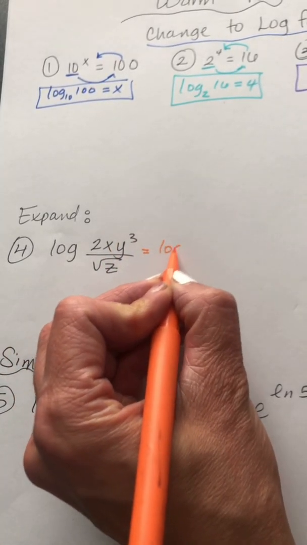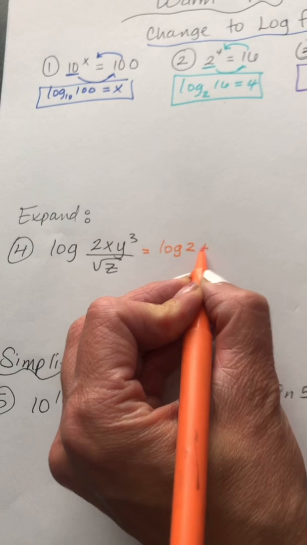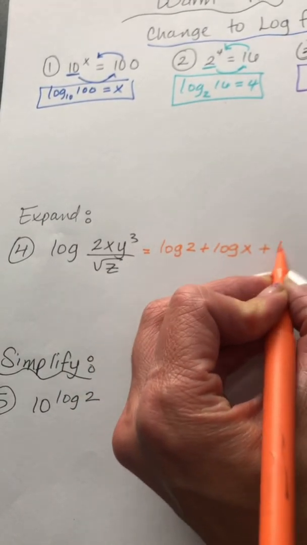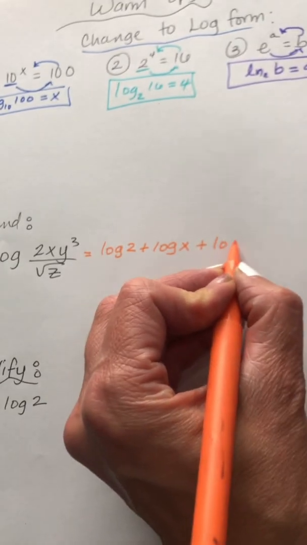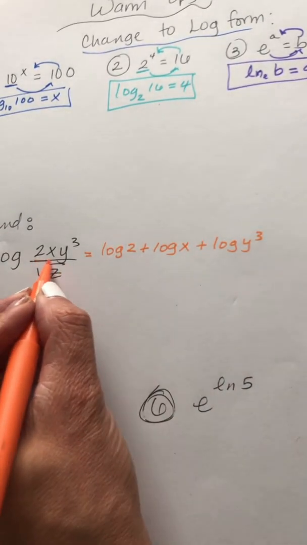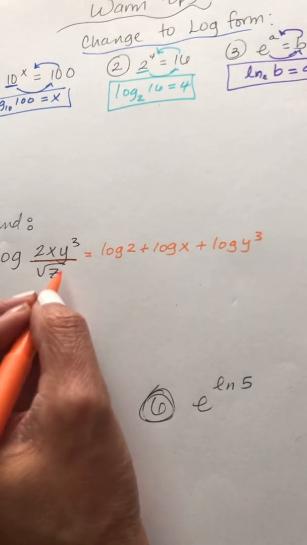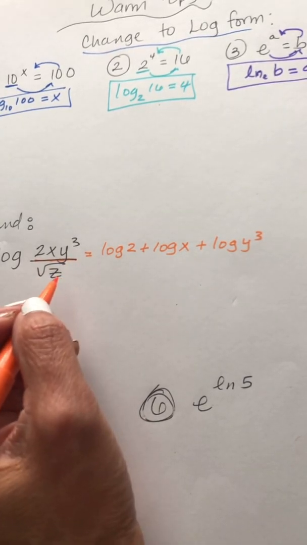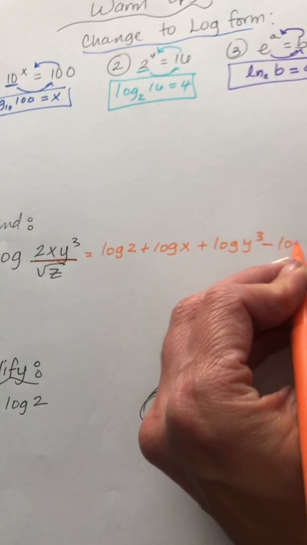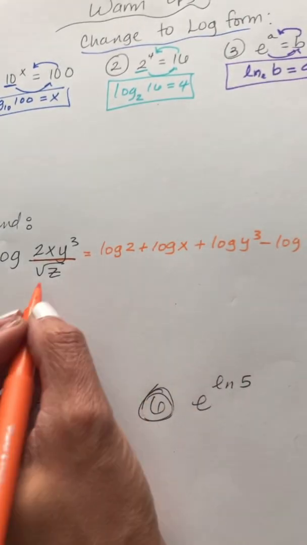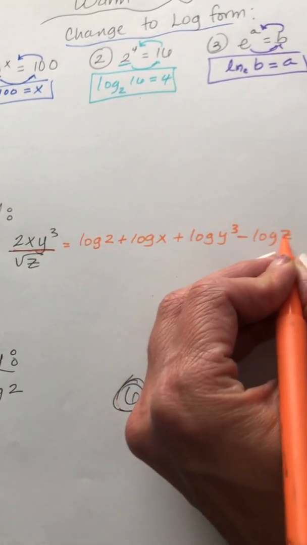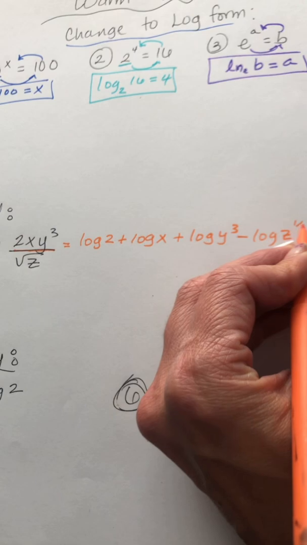So that would be the log of 2 plus the log of x plus the log of y to the third. And then division, because that's what the fraction bar means, that we convert it to subtraction when we divide. So minus log of, instead of writing the square root of z, let's write this as z to the 1/2 power.